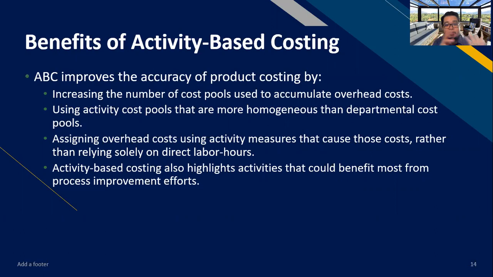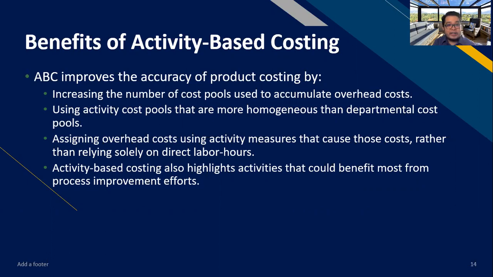In job costing, the single predetermined overhead rate is a simplified way of applying overhead. Not all items of overhead are really driven by direct labor hours. So by using activity-based costing, you can really track each activity and how it is being spent.